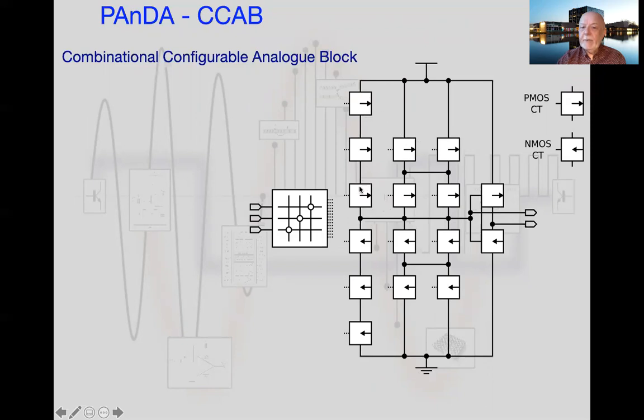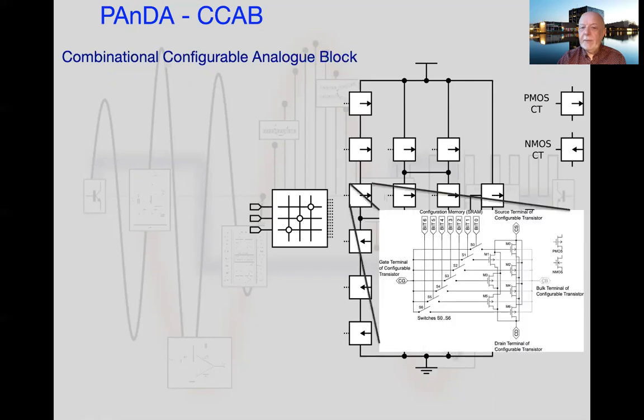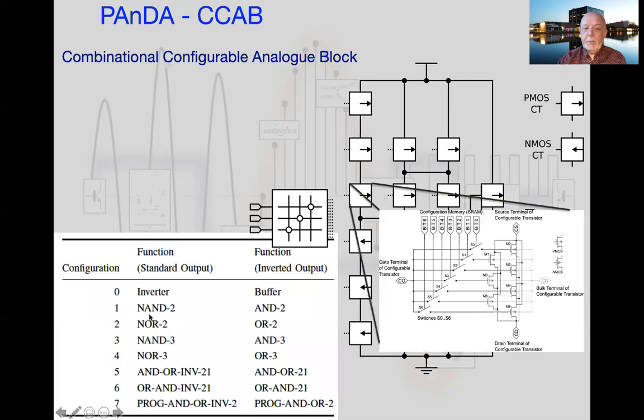And it's got a structure of P-type and N-type transistors, which allows us to design and create common combinational logic structures that you'd expect to see in a circuit. So each one of those looks like that. And so this shows the configuration, in this case 8.